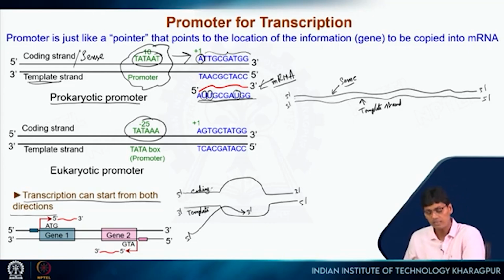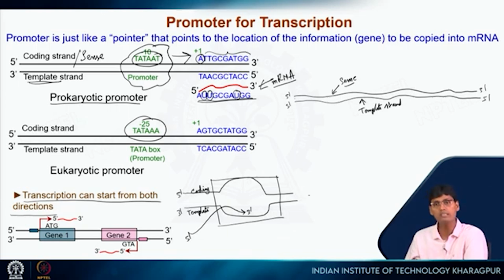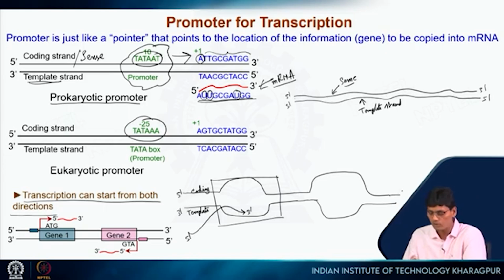But maybe this is true for this gene, this portion of the DNA, but for the next gene it will be completely different. Maybe the next gene is present here, and transcription can happen in this way also. So this is 3 prime and this is 5 prime, and transcription can happen like this.